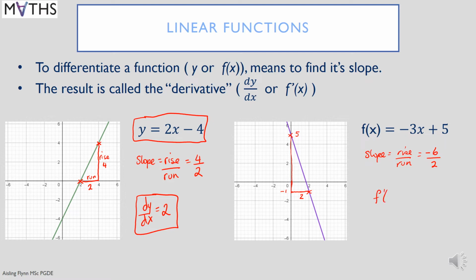My f dash of x, my derivative, equals minus 3. Now just take a minute to study the results for slope and look at your original functions. Where do you see the slope? It is beside the x value, isn't it?